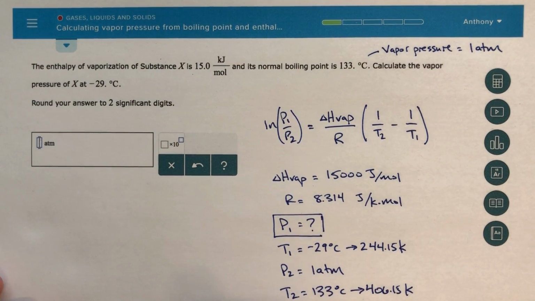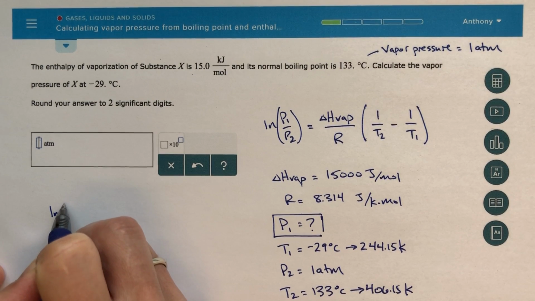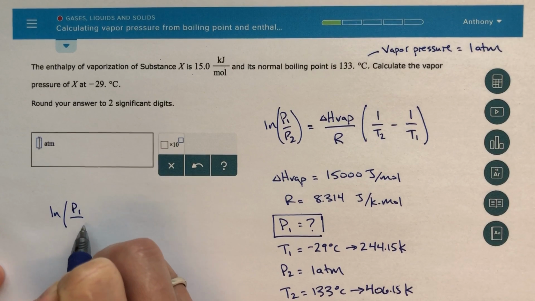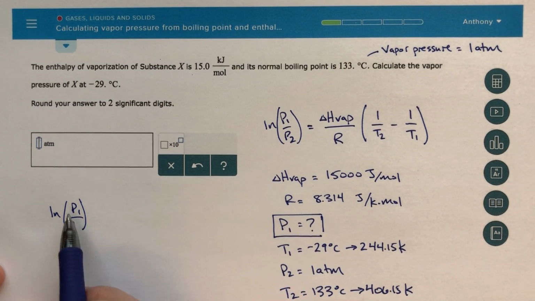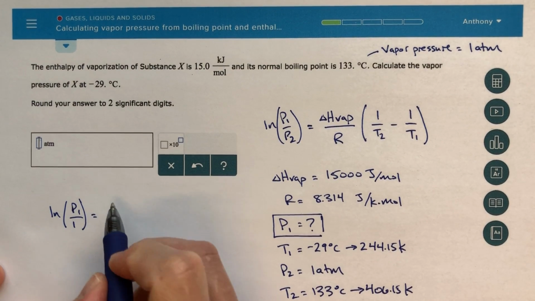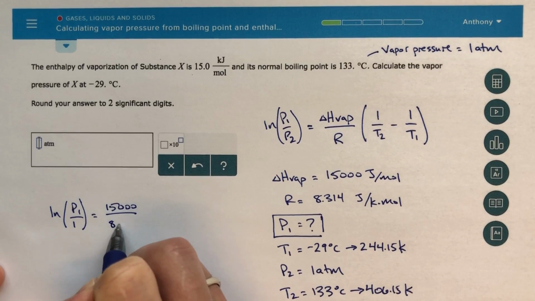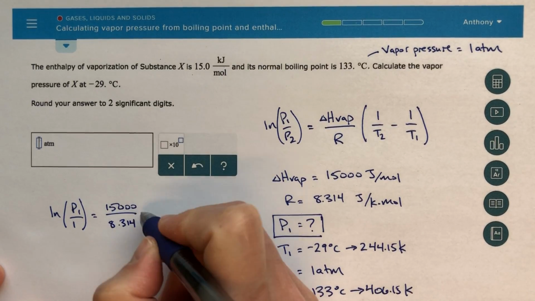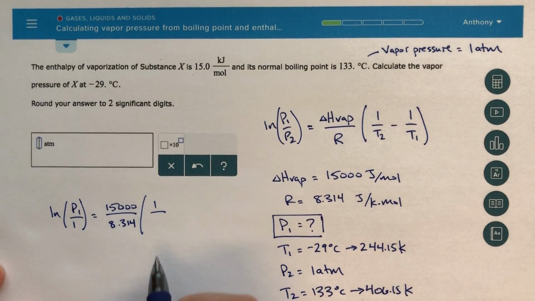Solving this is a little confusing, so I'm going to run through that real quick over here. So writing everything out, natural log of P1, and I chose P1 to be my unknown just because it's on the top. It makes solving this a little bit easier. It saves one step at the end, I guess. Delta H vaporization, R value, 1 over T2.